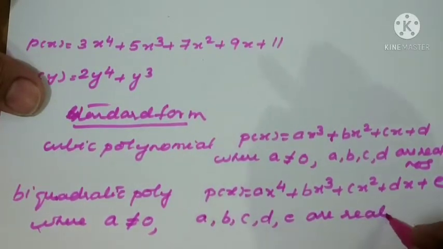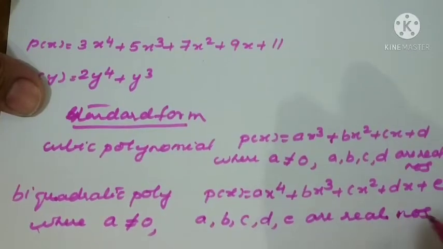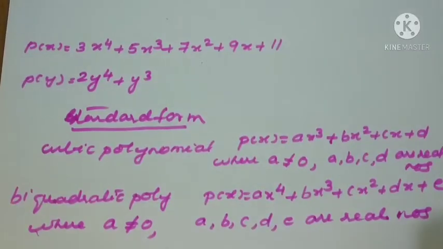So once the criteria we have understood for a linear polynomial and a quadratic, then naturally you can write the next standard forms, that is for a cubic as well as a biquadratic polynomial.